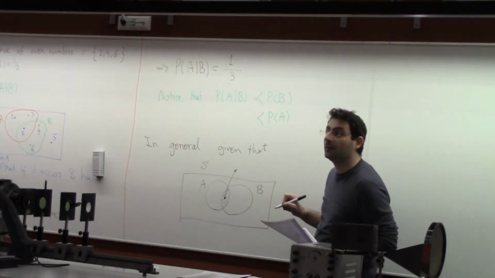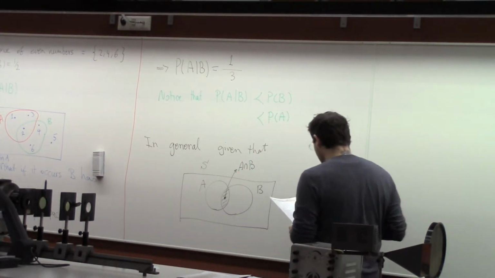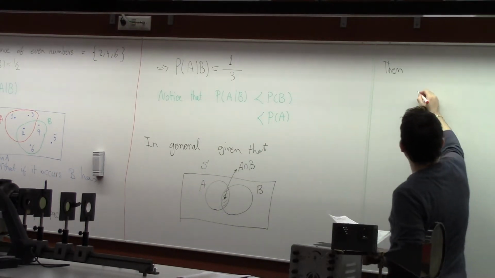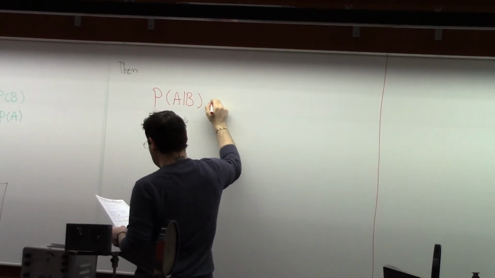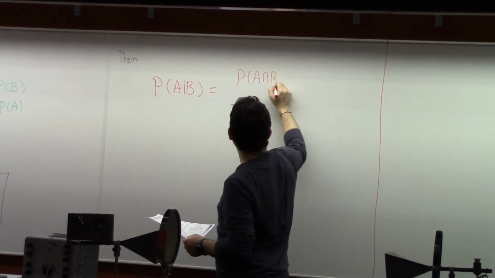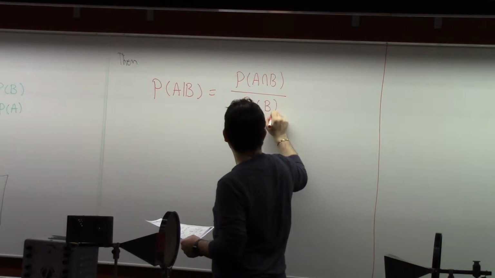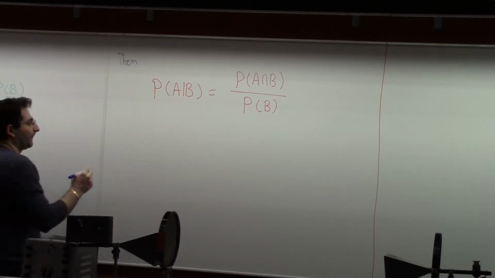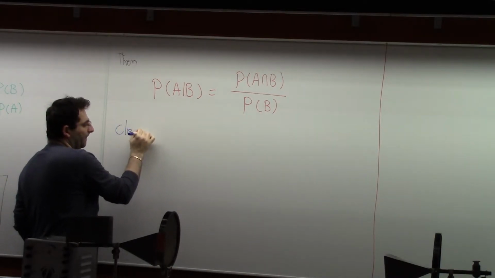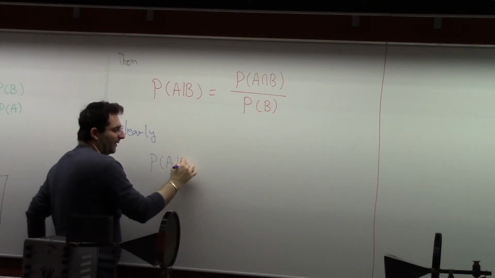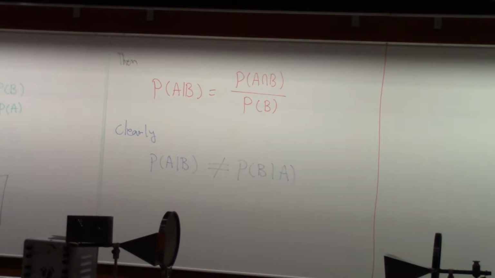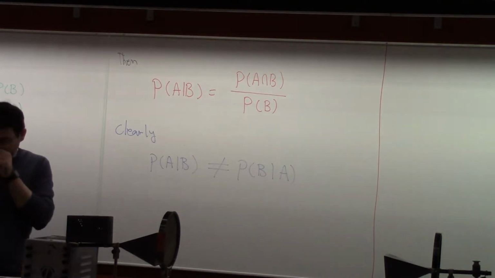It's the intersection of A and B. Then we can have a formula: P(A given B) is equal to the probability of the intersection of A and B divided by the probability of B. Clearly, the probability of A given B in general is not equal to the probability of B given A. And in general, all these ones are less than or equal.